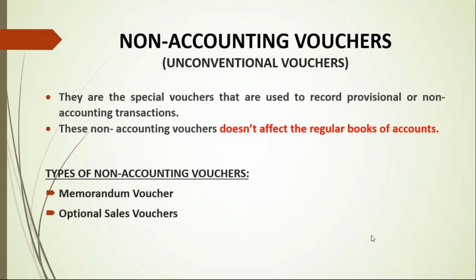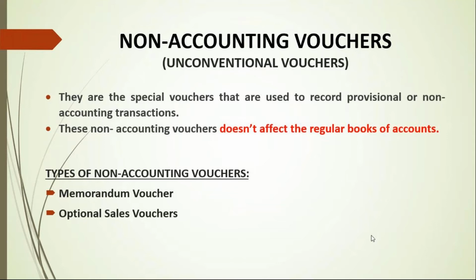It will not even reduce by 1 rupee. It remains untouched. So even though it is existing, it has a non-existing impact. So these are non-accounting vouchers. They are used to record the provisional or non-accounting transactions.